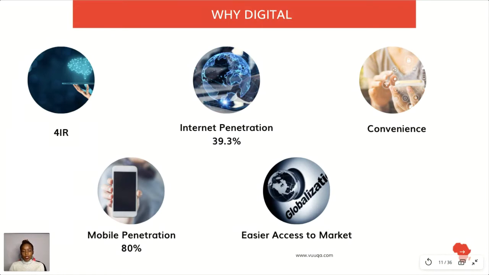Why digital? Because if we don't know it by now, the fourth industrial revolution is here. It's coming. It's a buzzword that is in politics, it's in the news. But I think Corona did play a huge role in letting us know what this fourth industrial revolution is.